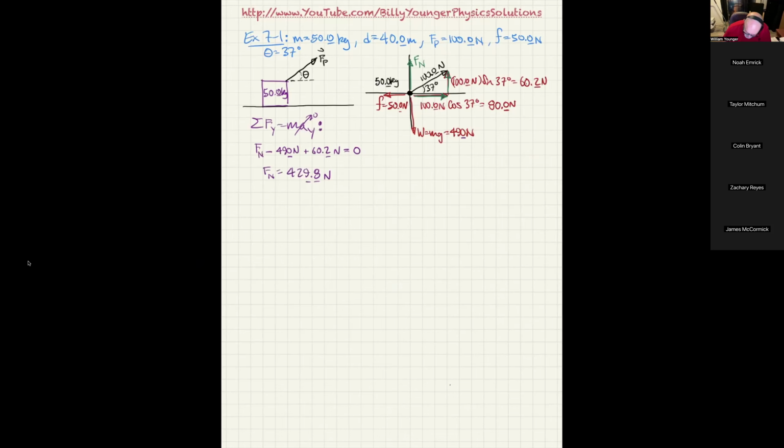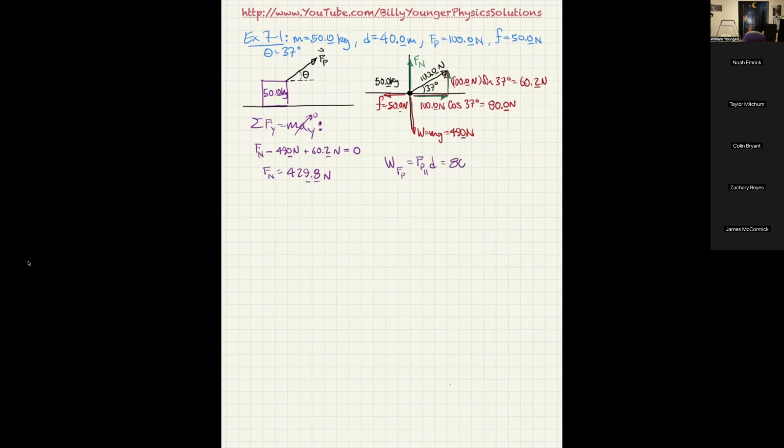Okay. Now, I want to calculate the work done by each of these forces. So I'm going to say work done by FP is equal to the component of FP that is parallel to D times the D. Well, we see that the D is horizontal, so the component of FP that's parallel to it is the 80 newtons.